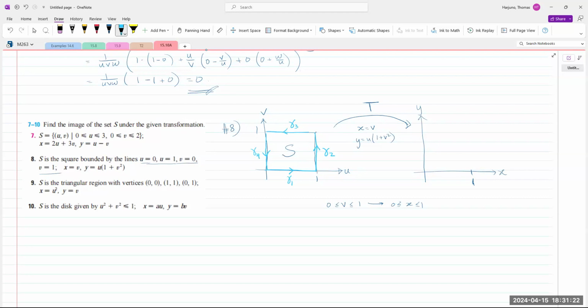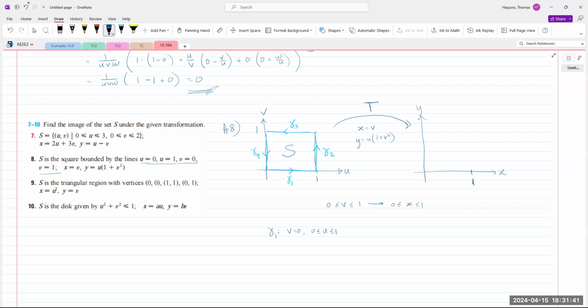So for gamma 1, φ equals 0, and u is from 0 to 1.